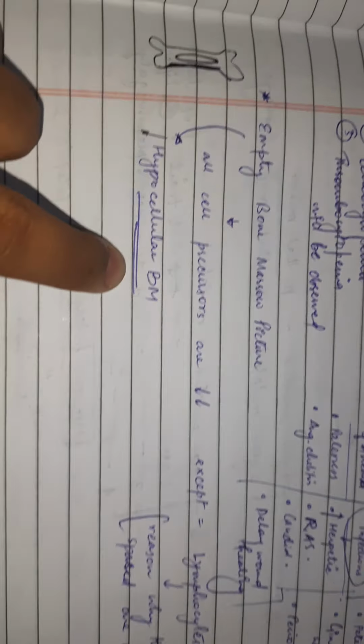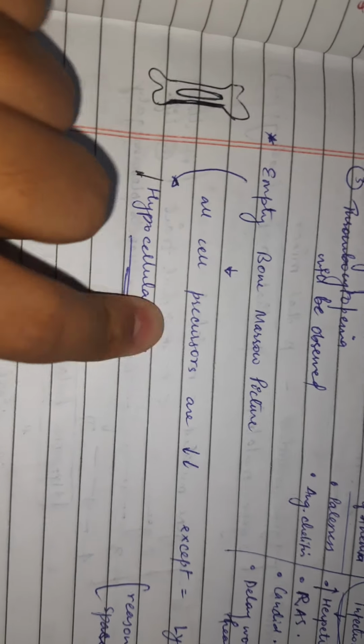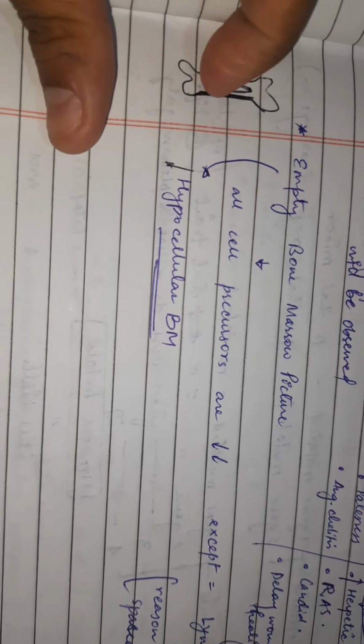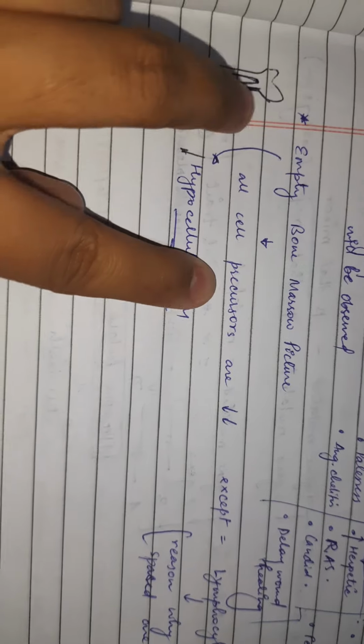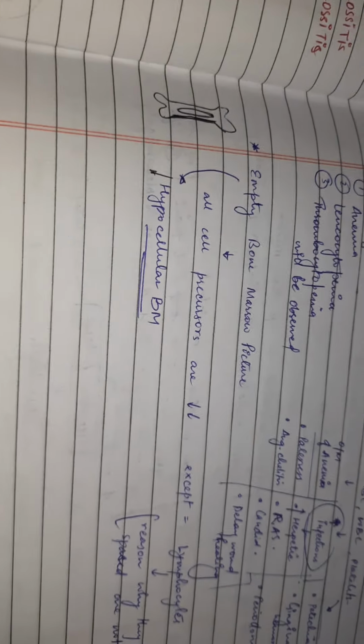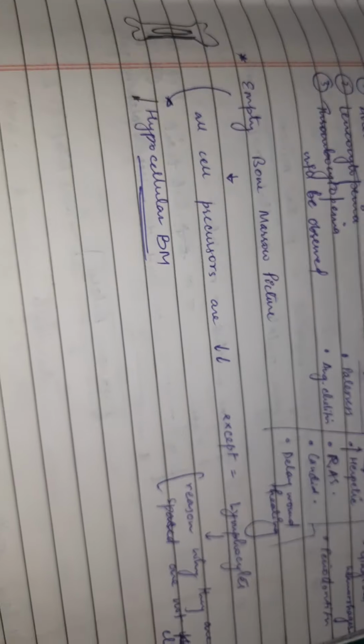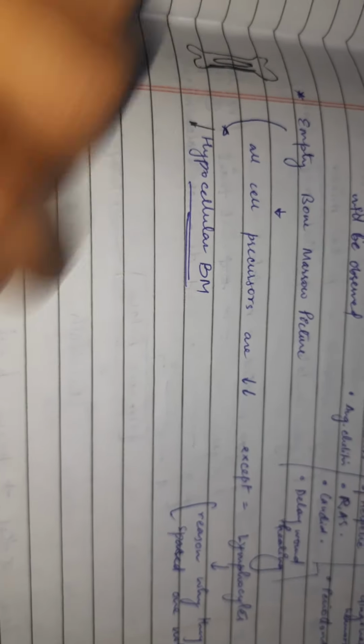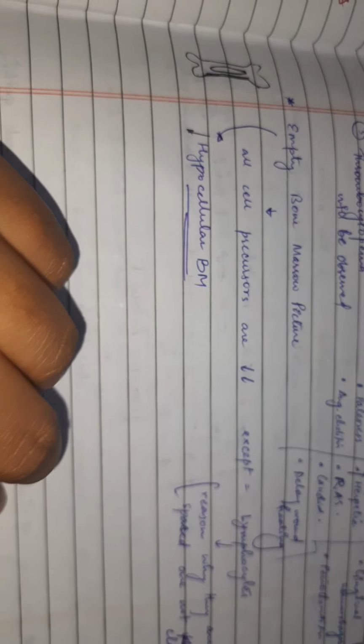Hypocellular bone marrow means all cell precursors in the bone marrow are decreased, because all blood cells are formed in bone marrow, but lymphocyte precursors are present, not the rest.